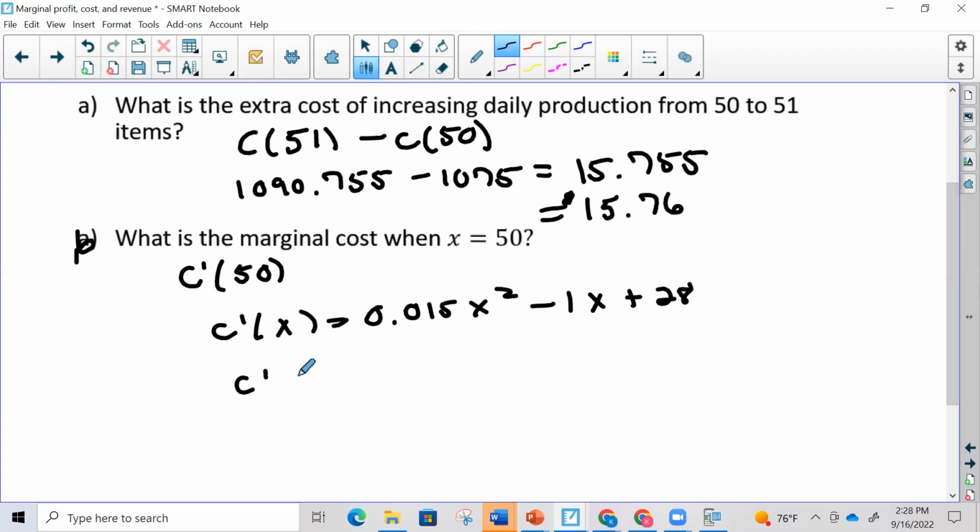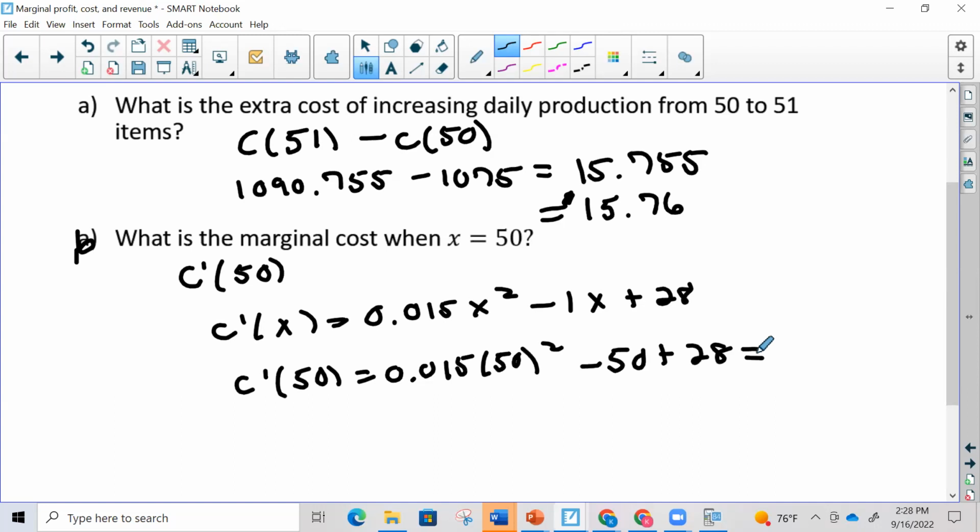We're going to plug in 50. And again, if you wanted to type this into your calculator, you could do that as well, or you can calculate it this way. And that gives us 15.5. So again, the marginal cost approximates this, and in this case, they are pretty close.